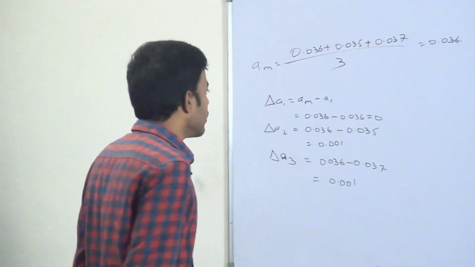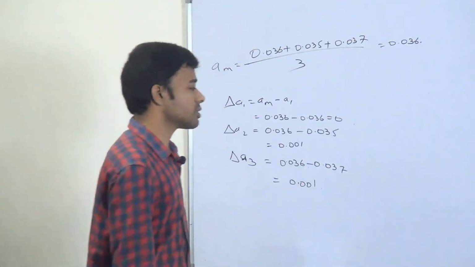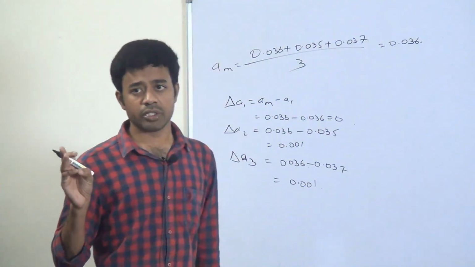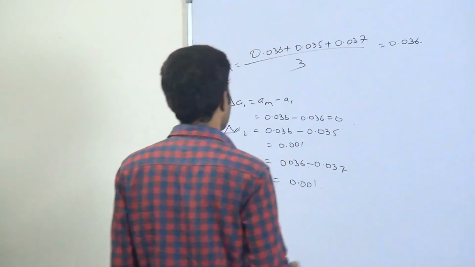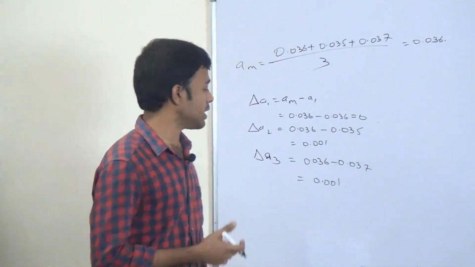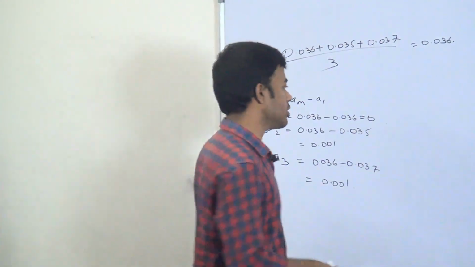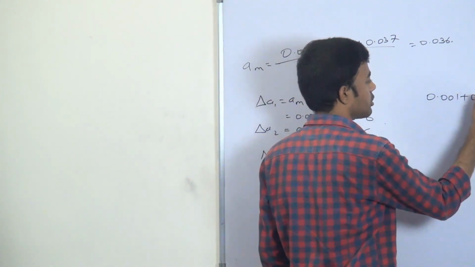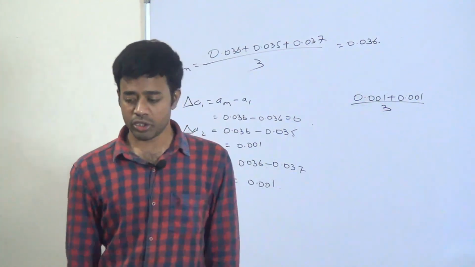Now you have to find the mean of these absolute errors, because that gives the mean absolute error. The three absolute errors are 0, 0.001 and 0.001. So the mean is 0.001 plus 0.001 by the number of measurements, 3.